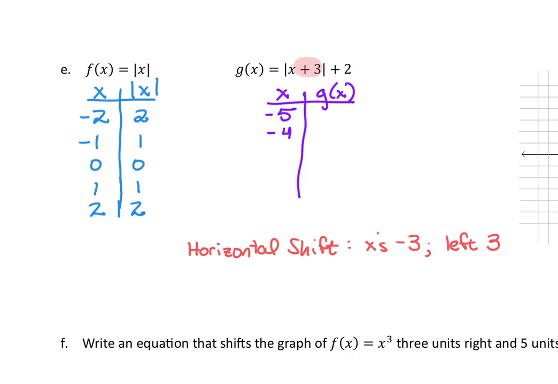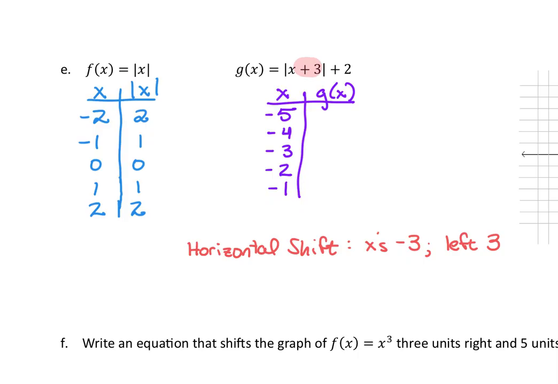And we repeat this for all of them. 0 minus 3 is -3. 1 minus 3 is -2. And finally, 2 minus 3 is -1. That's what we're doing to our x's.